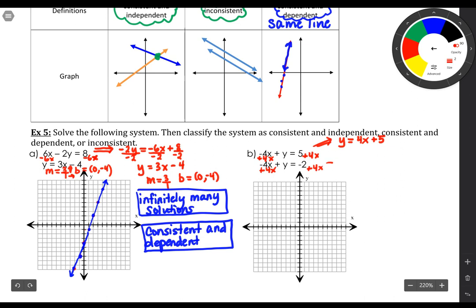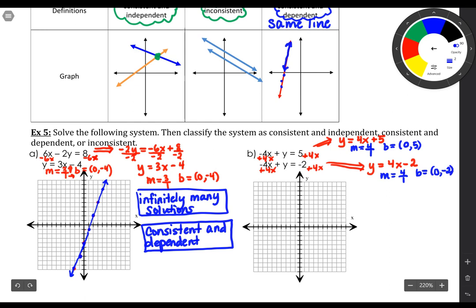And this equation is y equals 4x minus 2. Okay, for the first equation, the slope is 4 over 1. Always, always, always write slope as a fraction. So you know the rise and you know the run. Our y-intercept, always write as a point where the first coordinate is 0. Second equation, slope is still 4 over 1, but the y-intercept is 0, -2.